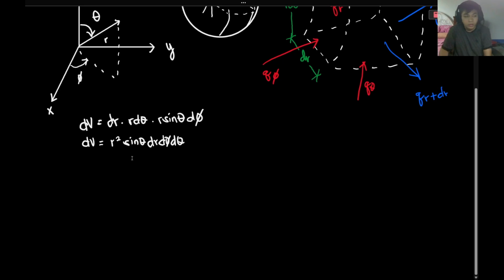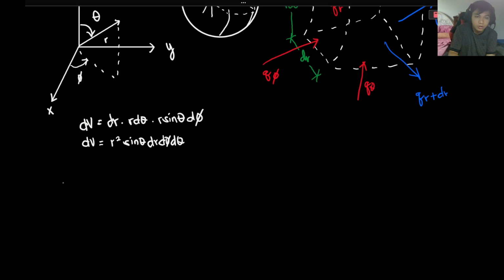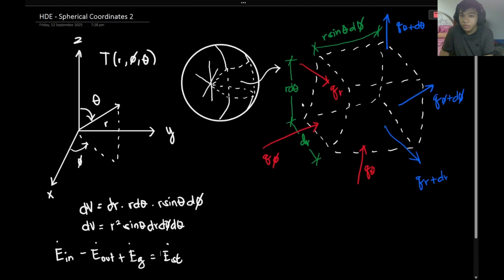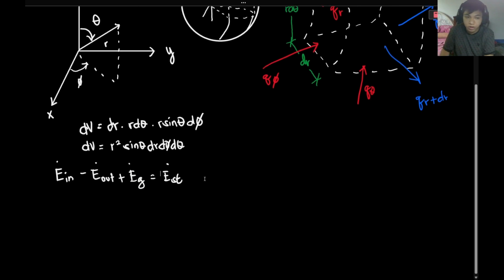Now that we have our control volume, we will utilize our energy balance equation. The energy balance is again just E in minus E out plus our energy generated, that is equal to our energy stored. Let's define the values for each of the variables.